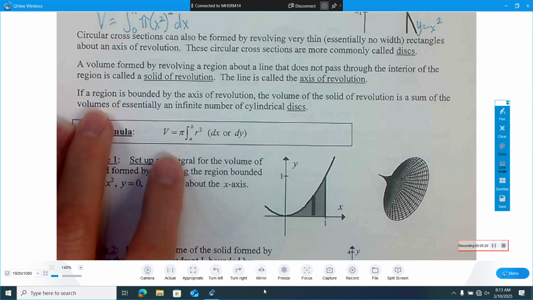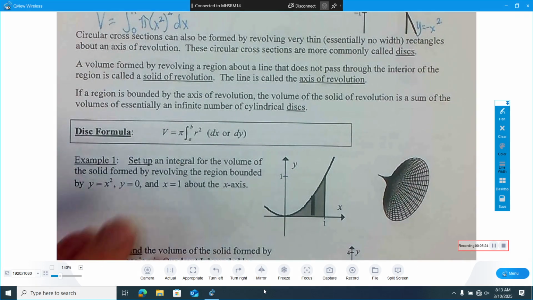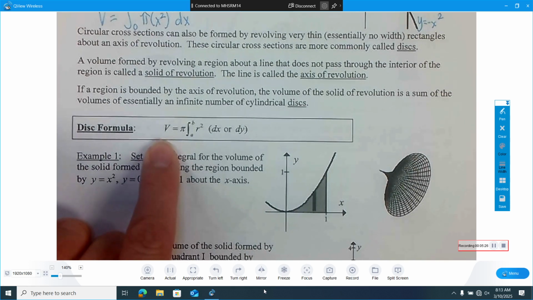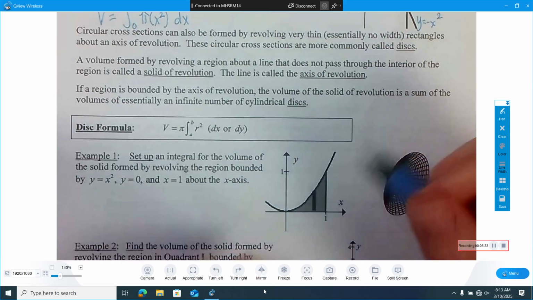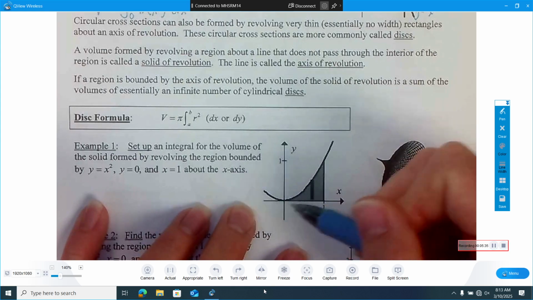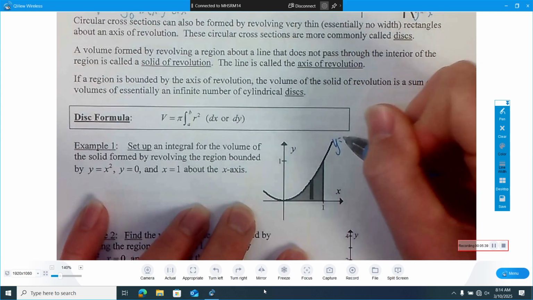And so we have this formula for disks. We want a volume. Like this first example here, I have this region that is simply the curve y equals x squared.